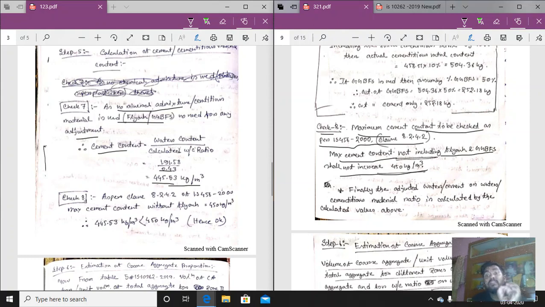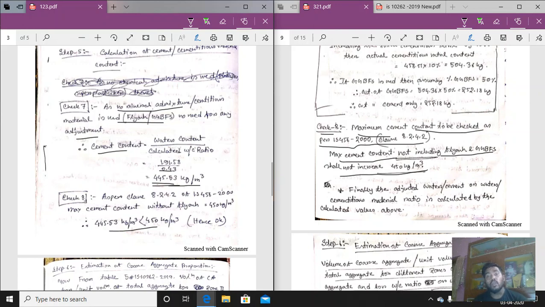So only the cement content should not exceed 450 kg per meter cube. What is our cement content that we have calculated? 445.53 kg per meter cube. So it is less than 450 kg per meter cube, hence it is safe in maximum cement content. So this check is satisfied.